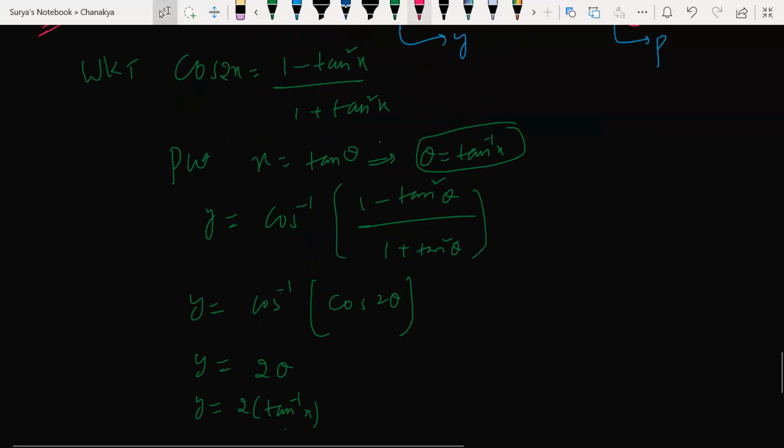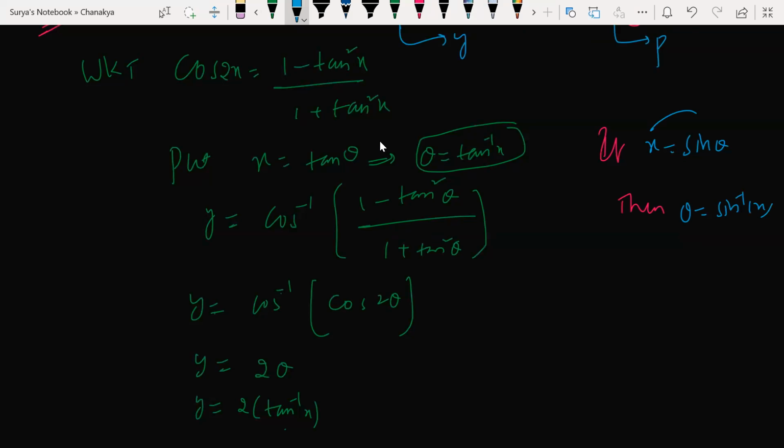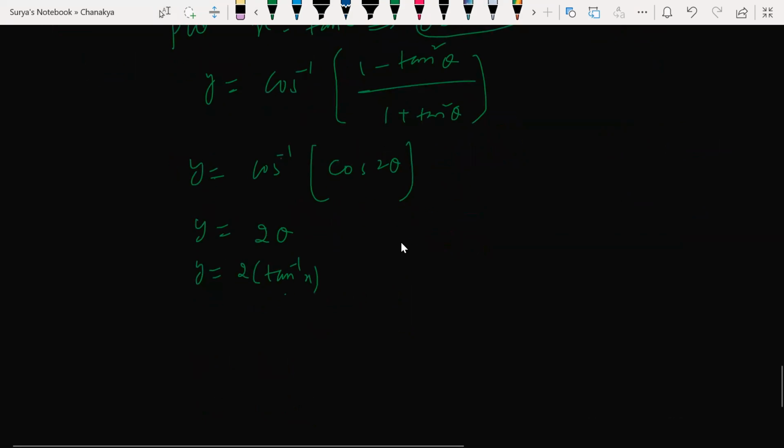In inverse trigonometric functions you might have learned, if x is equal to sin theta, then theta is equal to sin inverse of x, beta. This sin, if I shift that side, it will become inverse. Is it clear? So y is 2 times tan inverse of x.